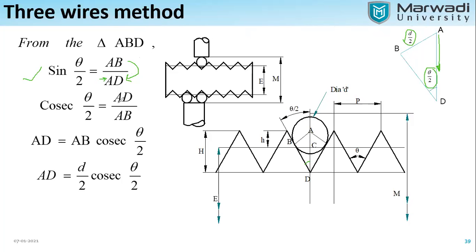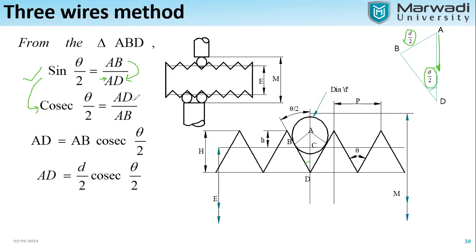AD will be on the upside, AB on the downside, and sine theta will go into the denominator. So 1 by sine theta is cosec theta, as you know from the previous formula. So it will be cosec theta by 2.